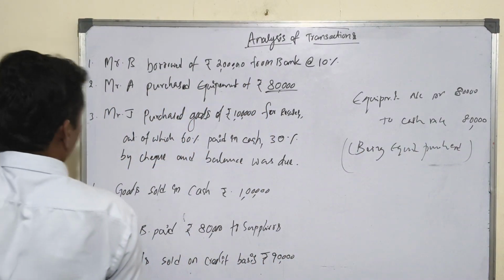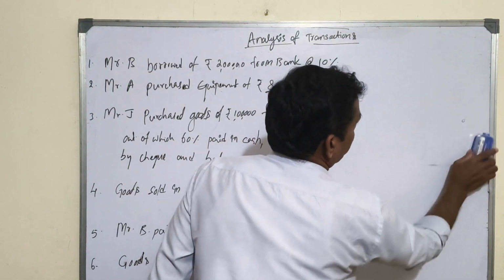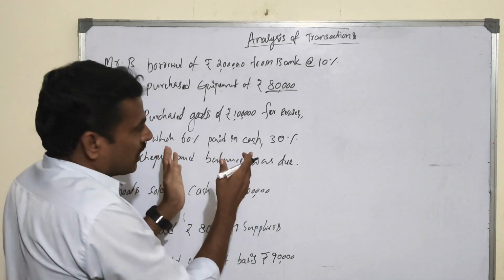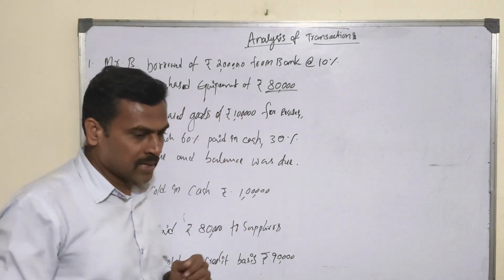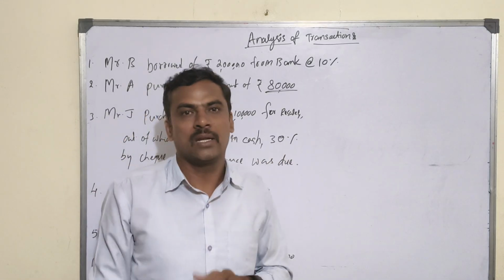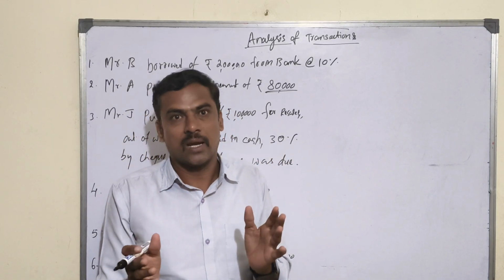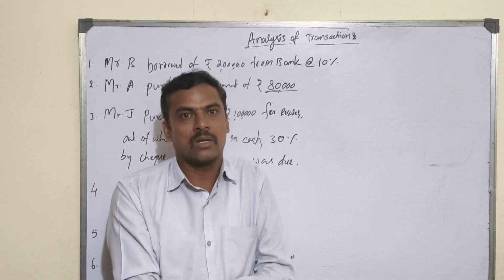Next, let's talk about the next transaction. As an accountant, as I mentioned, if you understand any business transaction like this, when you are working in real-time experience, or if you want to write the CMA or CA foundation exams, you will understand better and write the exams well.